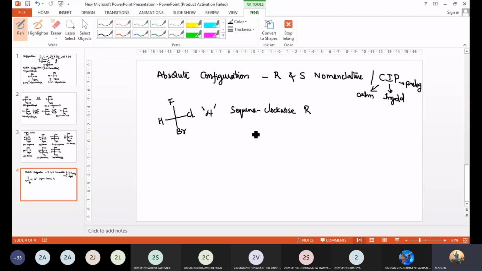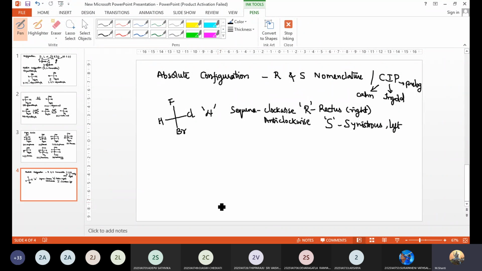If the sequence is anti-clockwise, you assign S. R stands for right side, rectus. Rectus means right. And S stands for sinistrous, that means left side orientation, anti-clockwise.